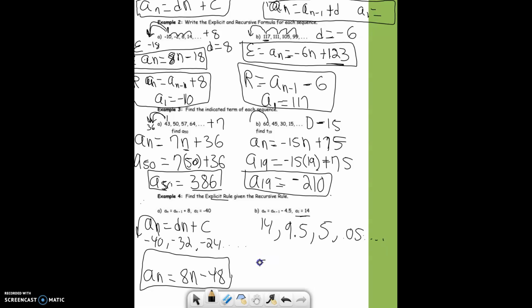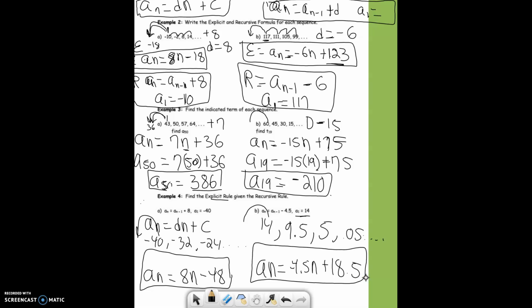We really didn't even have to do much of that, because what we need again, guys, is the difference, which is 4.5. We need the zero term, so instead of going down, we're going to go up 4.5, and that will give me 18.5. Okay? Seem pretty simple?